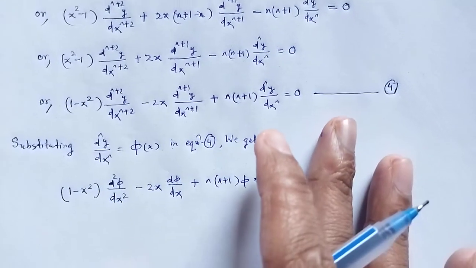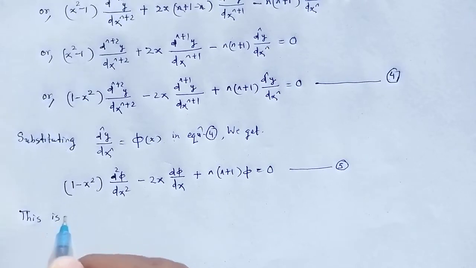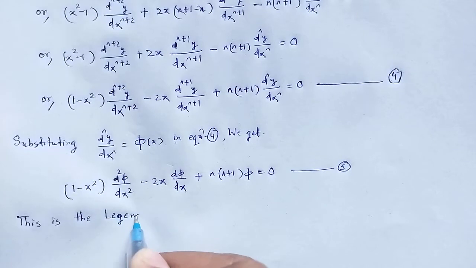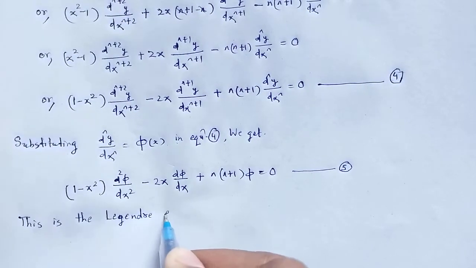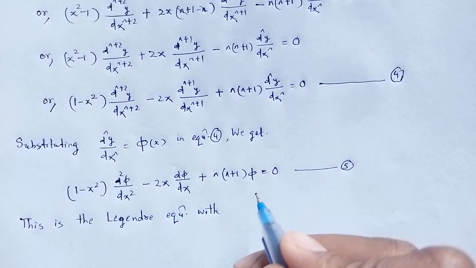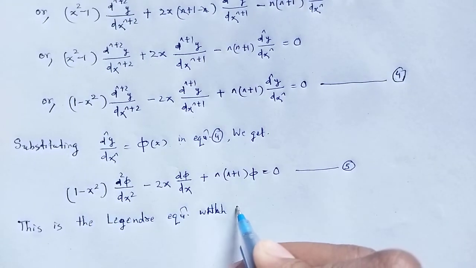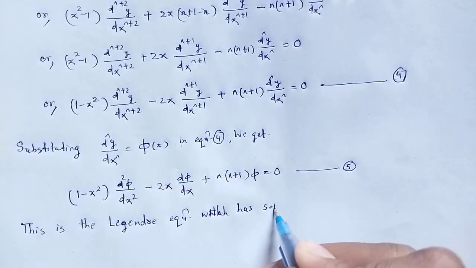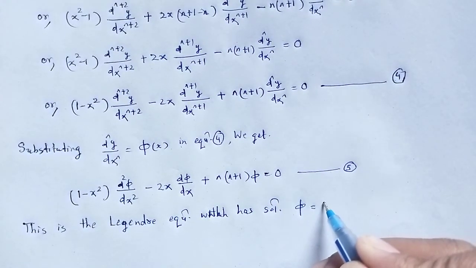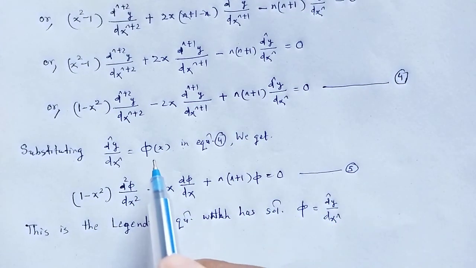This is the Legendre equation, which has the solution φ is equal to dⁿy/dxⁿ as we substituted.